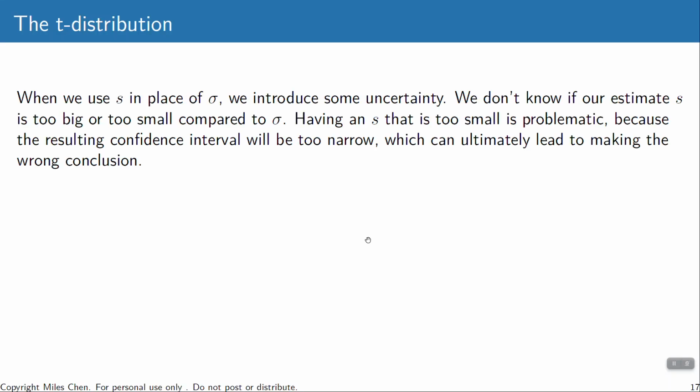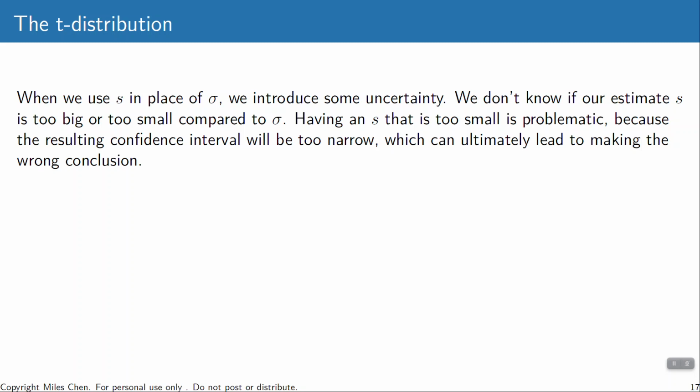So one issue is that if your standard deviation S is too small, it's problematic because the resulting confidence interval could end up being too narrow. And if your resulting confidence interval is too narrow, you could end up making the wrong conclusion, right?